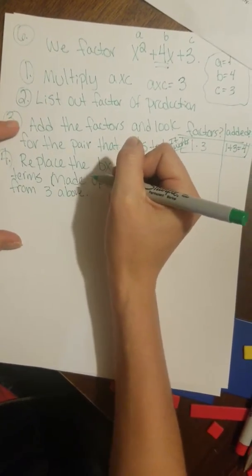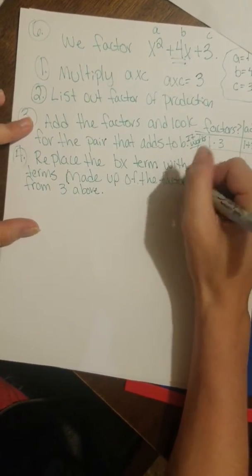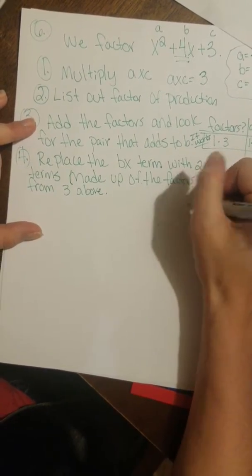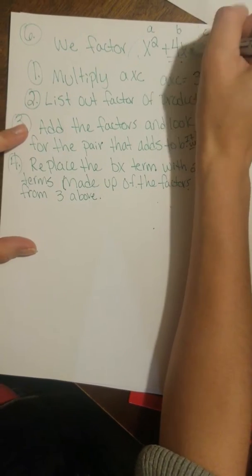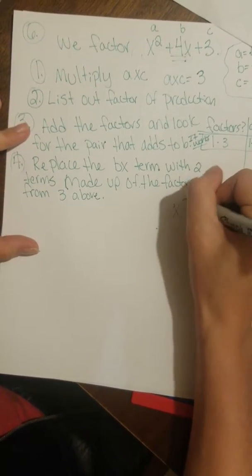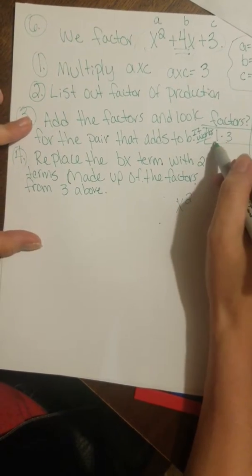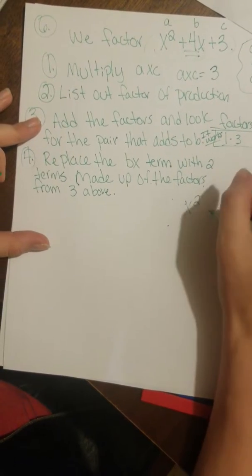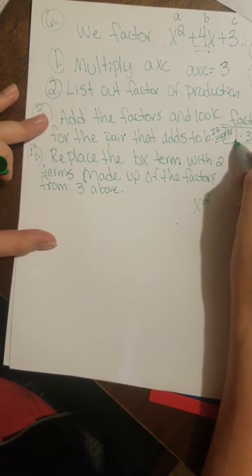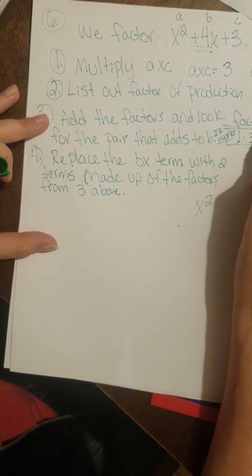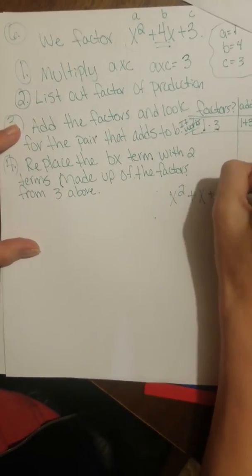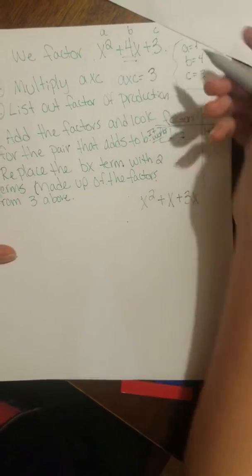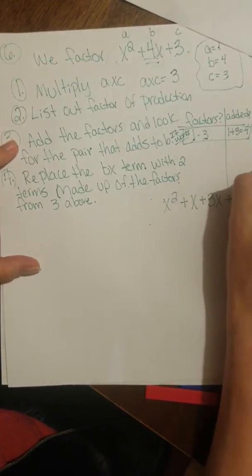Okay? So we're going to write it up here. We're going to separate them. So this was the original. We're going to split B. Okay? So we got x squared. This is what we split them into. So this is going to be an x, and this is going to be 3x. So plus x plus 3x, and then our C was plus 3.